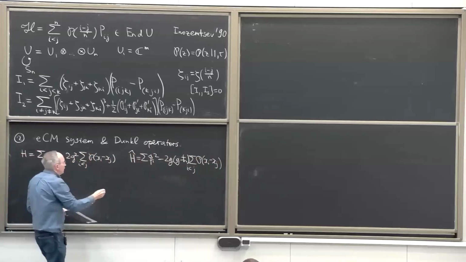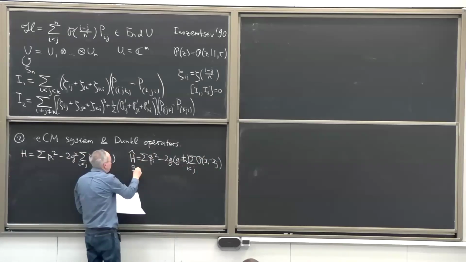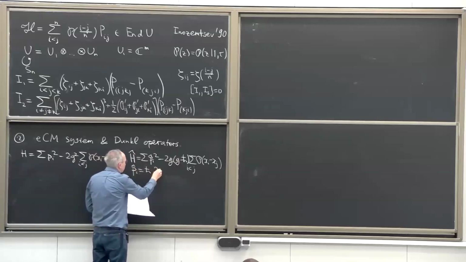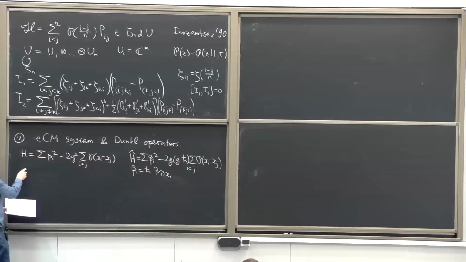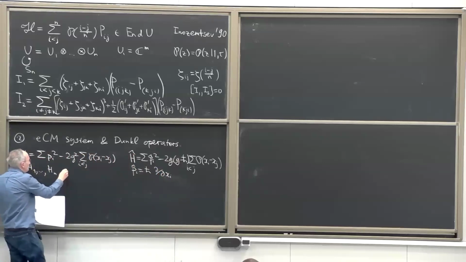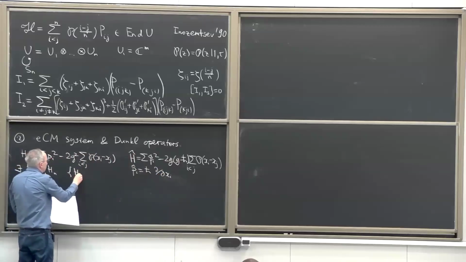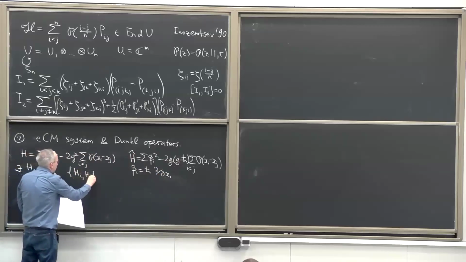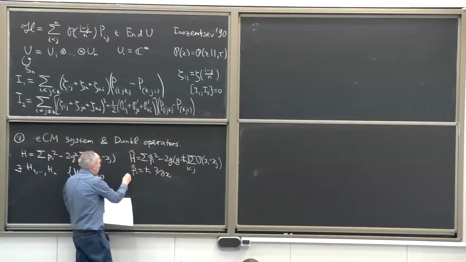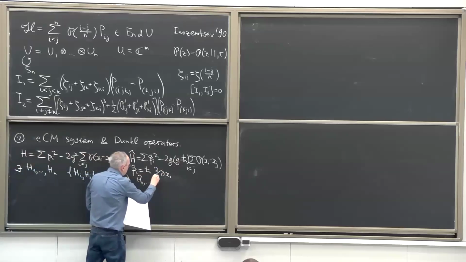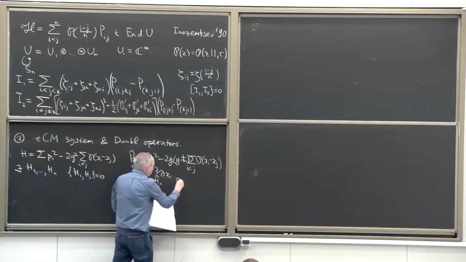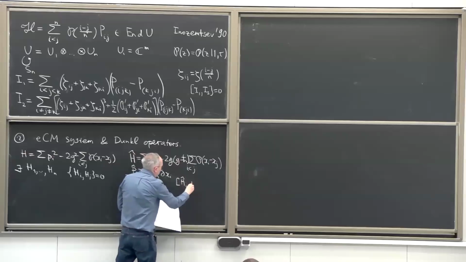Okay, so p hat is the quantum momentum. At the classical level, there are n commuting Hamiltonians, and at the quantum level, there are commuting quantum Hamiltonians.